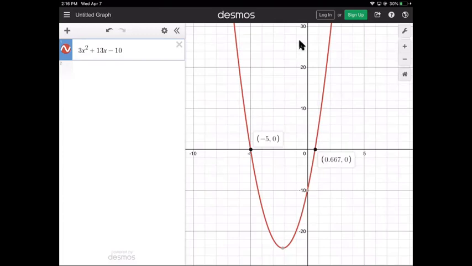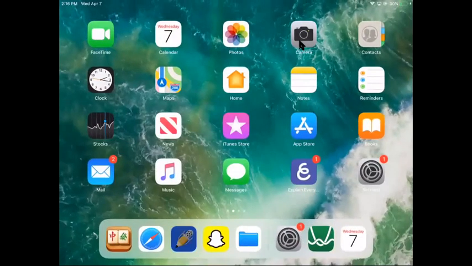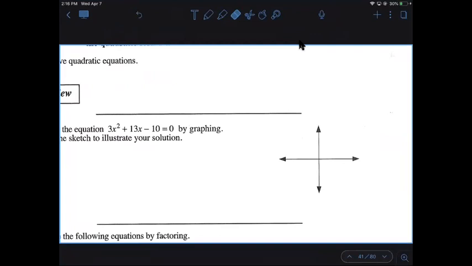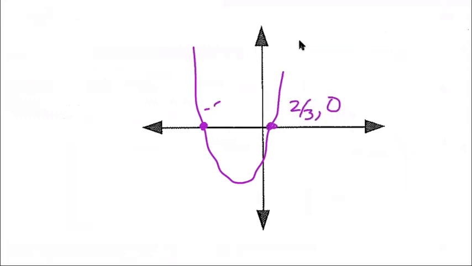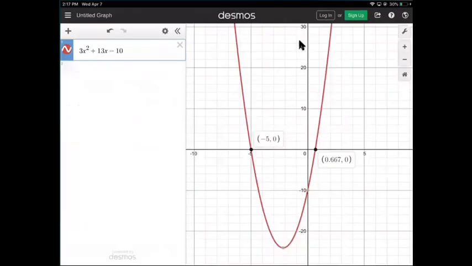So we can go back to our graph here and we can very quickly sketch that. It kind of looked like this. This being -5, comma 0, this being 2/3, comma 0. Oh, I didn't look to see what the y-intercept was. That might be a good tidbit.